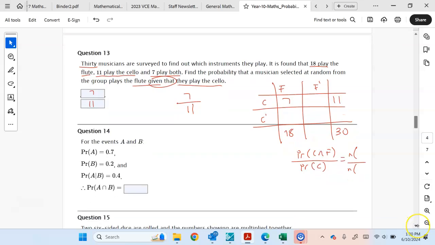All right, for the events A and B, the probability of A equals 0.7, the probability of B equals 0.2, and the probability of A given B equals 0.4. Find the probability of A and B. Do I need the conditional? Let's write the conditional probability formula quickly.